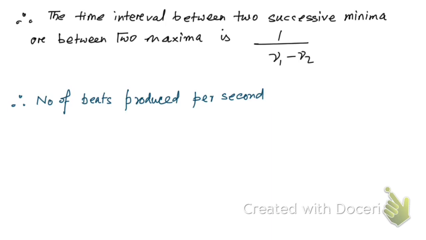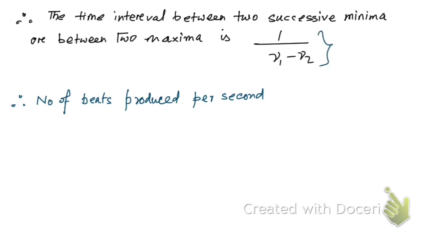Now the time interval between any two successive minima or maxima is the time period of beats. If you take the reciprocal of that, you get the frequency of beats, which means beats produced per second.